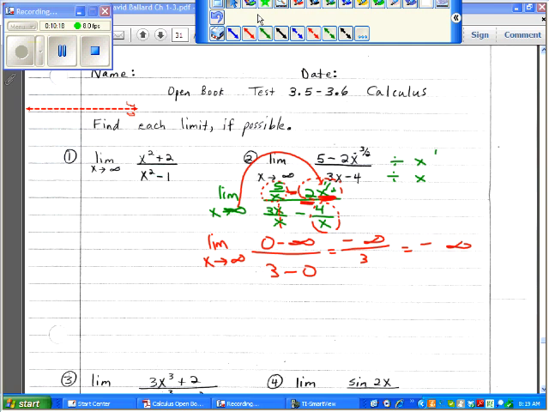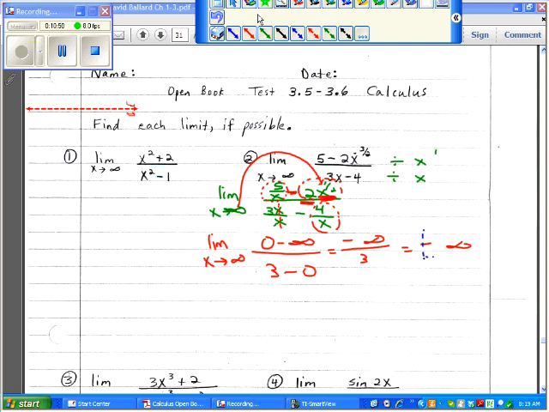For a limit to exist, 3 things must be true. Number 1, it must approach the same thing from the left and from the right. And number 2, it cannot approach infinity as you approach that point. It cannot approach positive or negative infinity. And number 3, if it oscillates between 2 fixed points as you approach that target point C, then the limit does not exist.